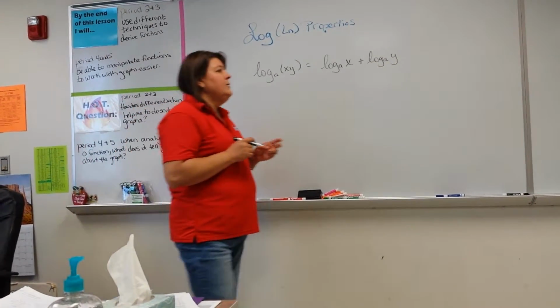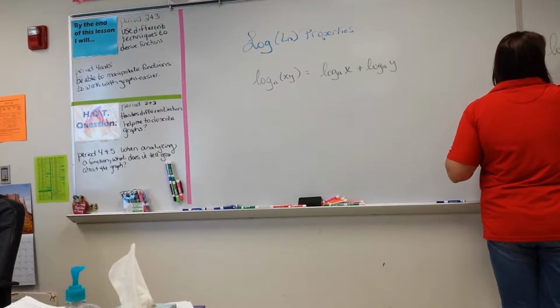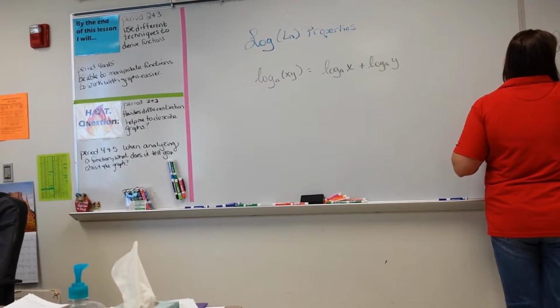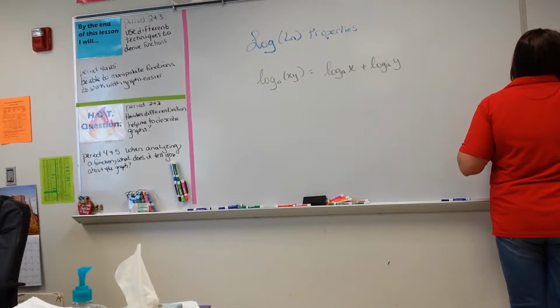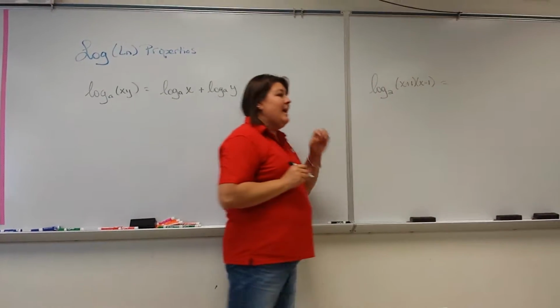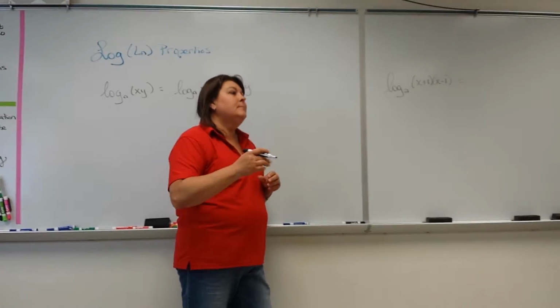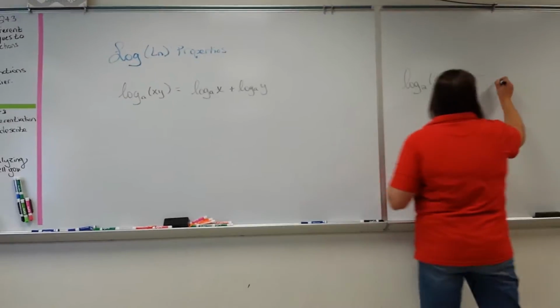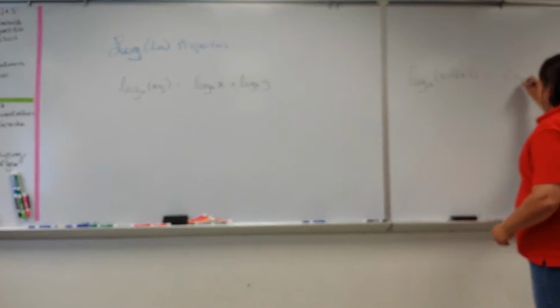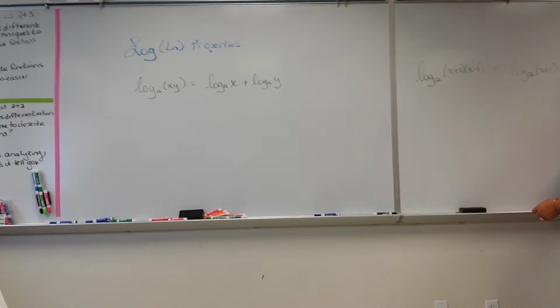Okay, and we'll do a concrete example of that. So for example, the log base 2 of (x plus 1) times (x minus 1) can be rewritten as log base 2 of (x plus 1) plus log base 2 of (x minus 1). That's exactly right.